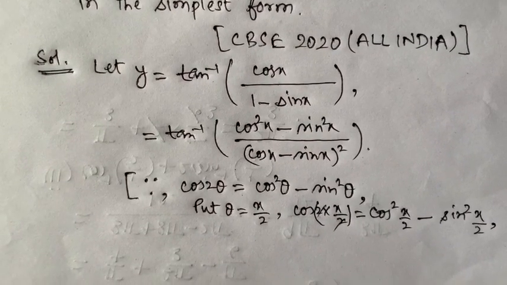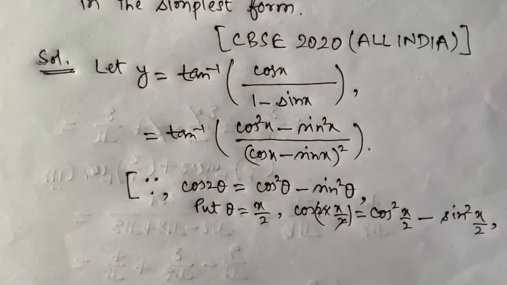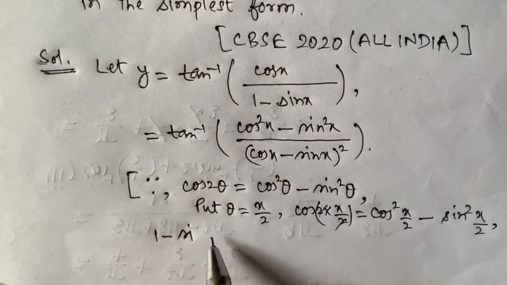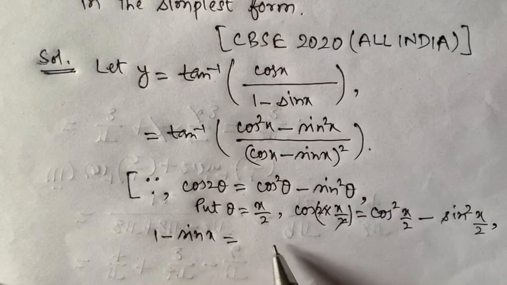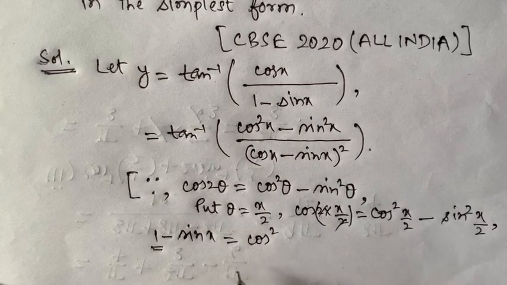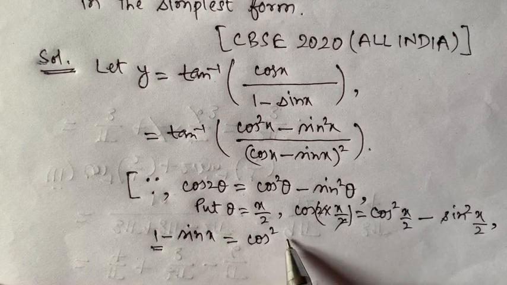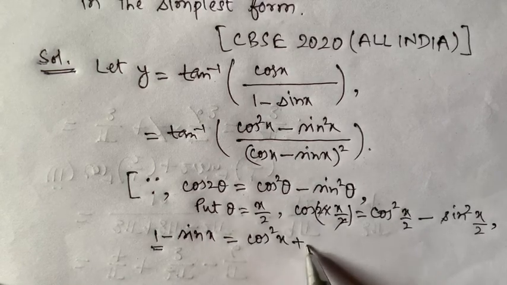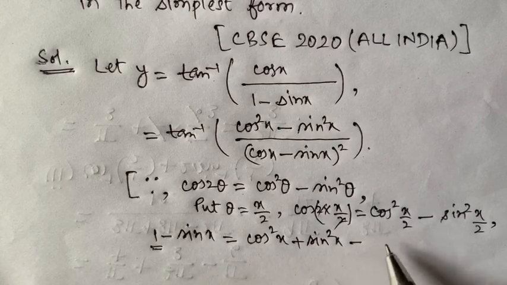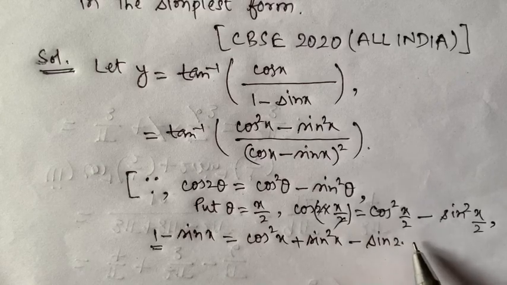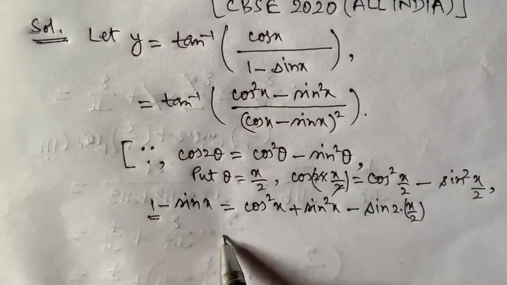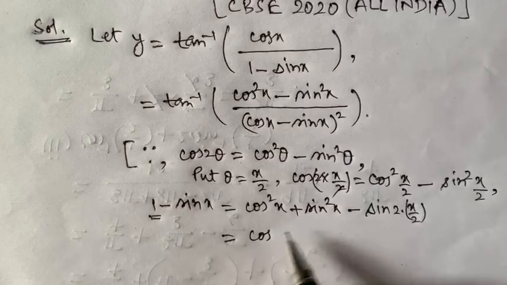Now we will see how we have dealt with the denominator. Denominator is dealt like 1 minus sin x is there. Now in this, 1 can be written as cos square x plus sin square x, and minus sin x can be written as sin 2 into x by 2, so that we can apply the half angle formula, and it is cos square x by 2.